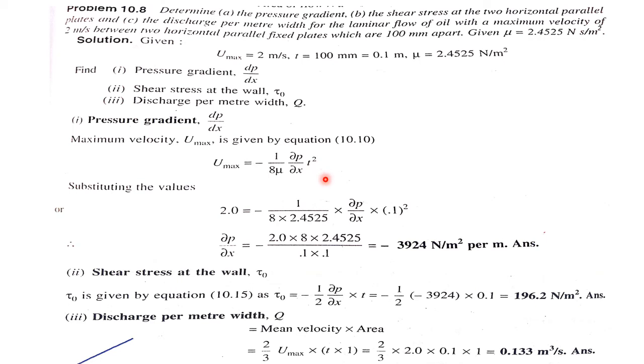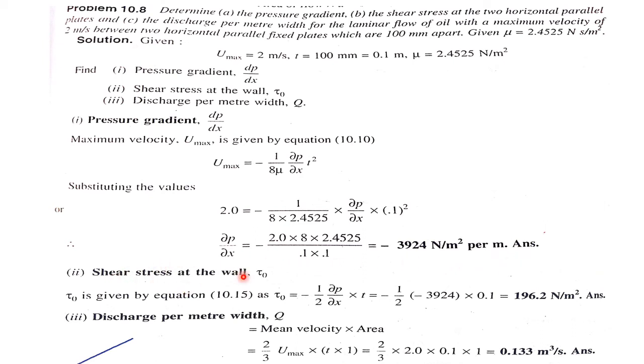Therefore dou P upon dou X is equal to, substituting here, U maximum is 2, minus 1 upon 8 mu, value already given, dou P upon dou X into T square, where T is 0.1 meter. So taking dou P upon dou X outside and cross multiplying, the pressure gradient will be minus 3924 Newton per meter square per meter.